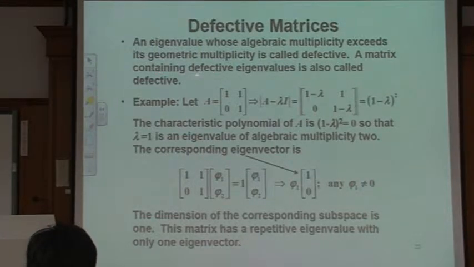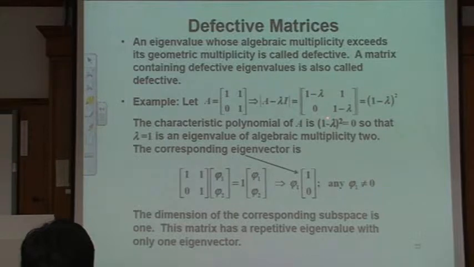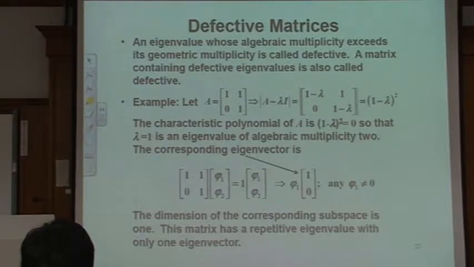A matrix containing a defective eigenvalue is also called defective. So for example, in this case, we have only one eigenvalue, but it repeats twice. So we have algebraic multiplicity equal to 2, and the corresponding eigenvector is just 1. We just have one eigenvector corresponding to lambda equal to 1.